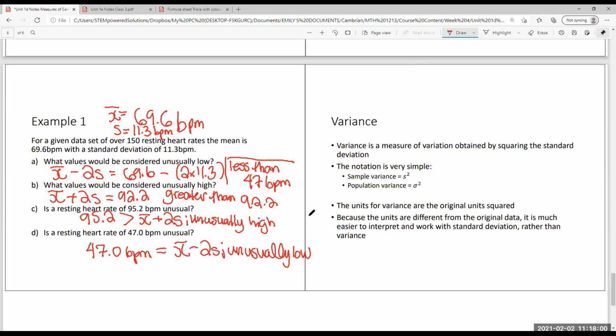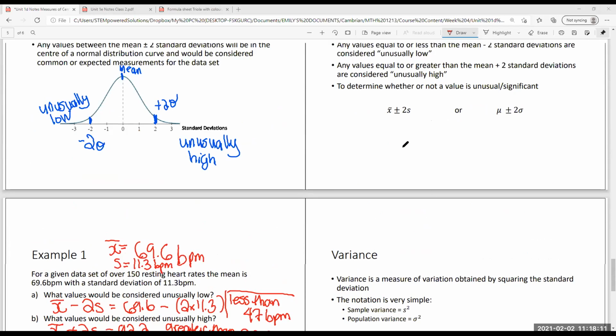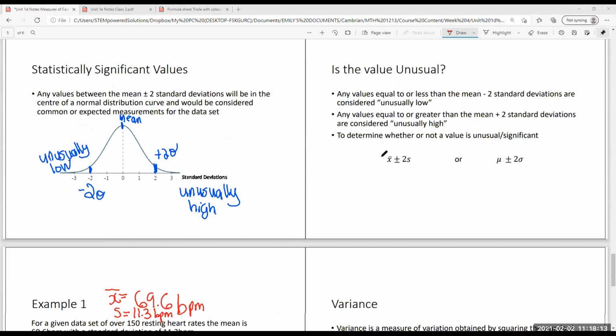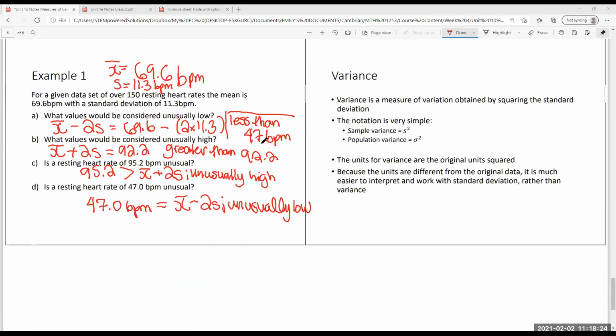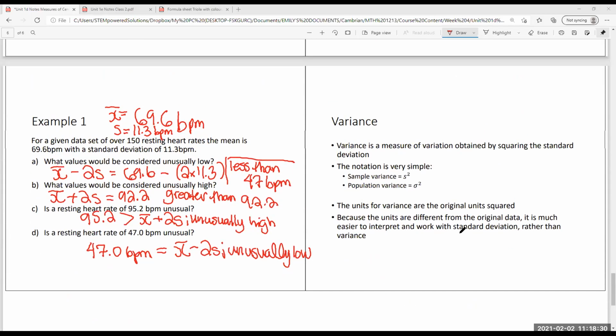Yeah, that's correct. So it is unusually low. The reason why is, remember it says right here, anytime a value is equal to or less than the mean minus 2 standard deviations, then we're considered unusually low. So it's equal to 47 in this case. So that means that it is unusually low.